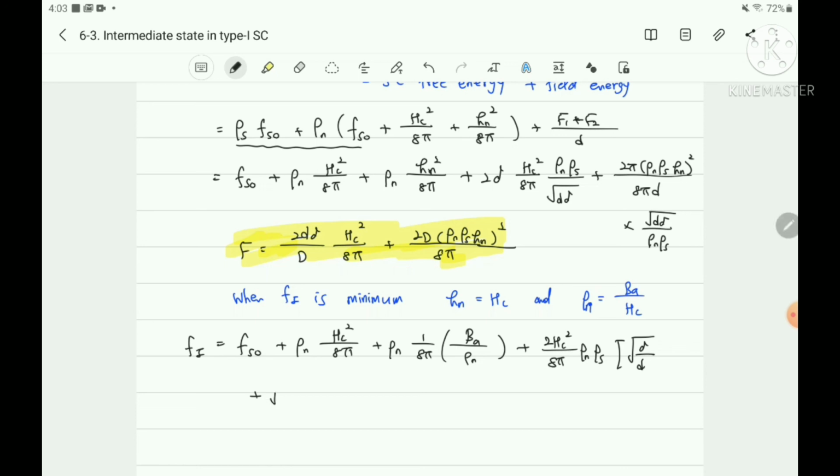Anyway, here's also d delta of d, square root d delta, and here is Hc square, like this. Okay. Same. And then when you write down, it is two, therefore it's a 4.